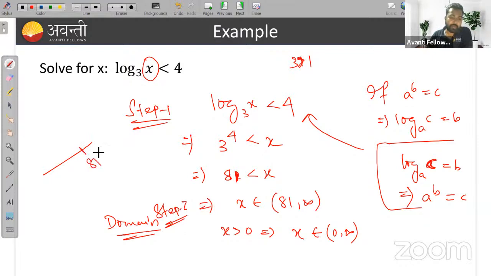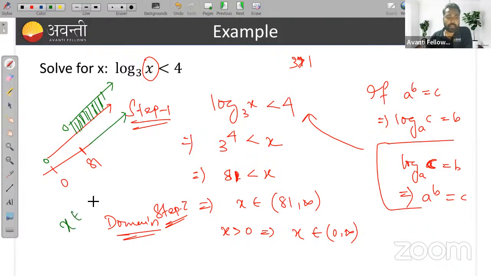One is 81 to infinity and another is 0 to infinity, both excluded. The intersecting region is 81 to infinity, so x belongs to 81 to infinity. This is your solution. I hope this is clear to all of you, okay?